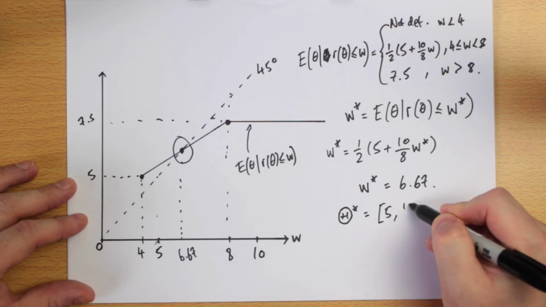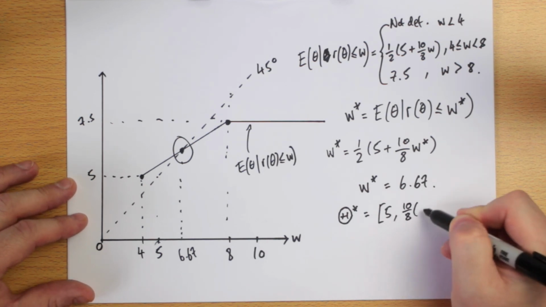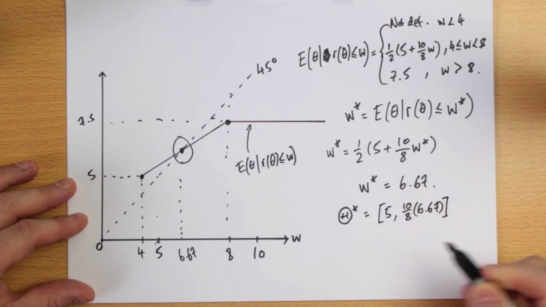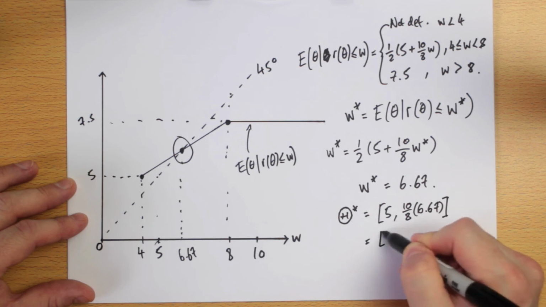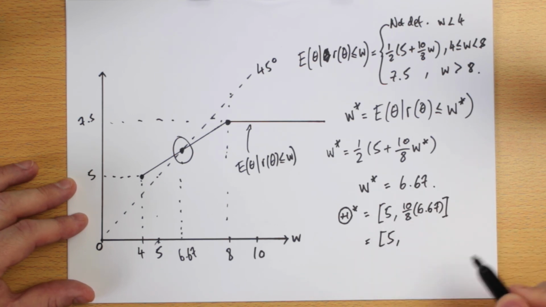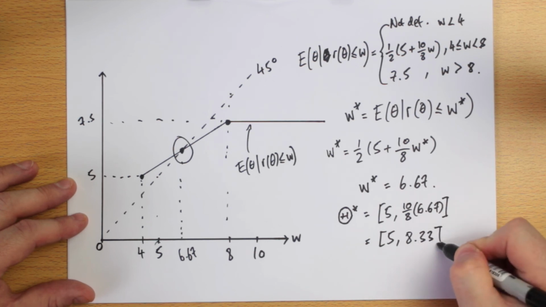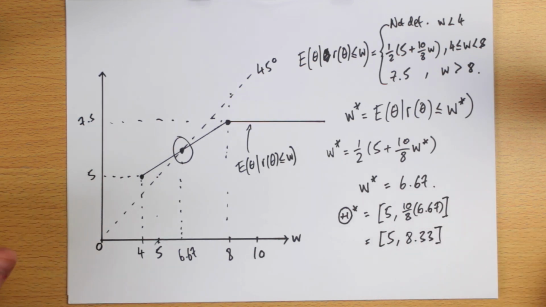So it's going to be all of the people up to 10/8 times 6.67, which I got to be 5 up to 8.33, to 2 decimal places.